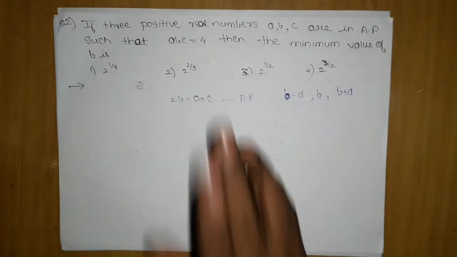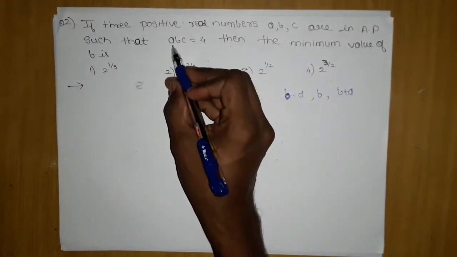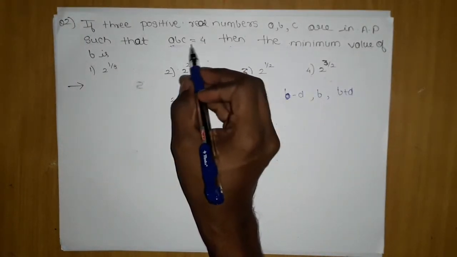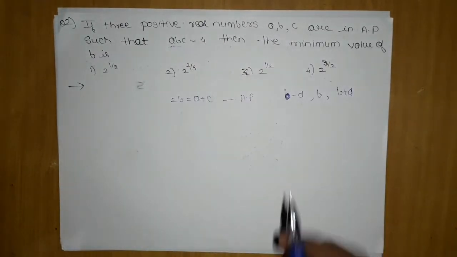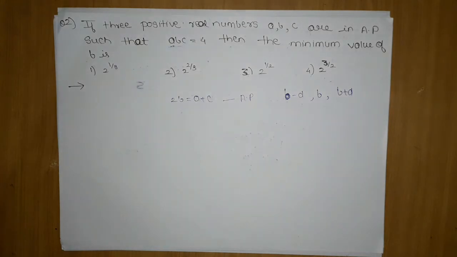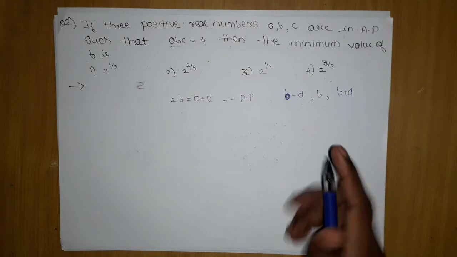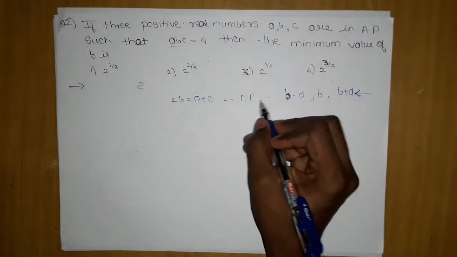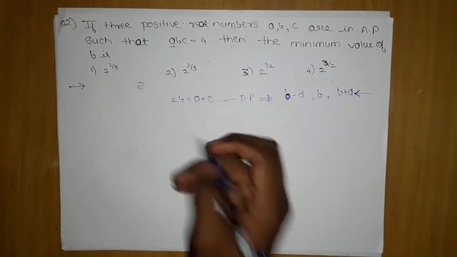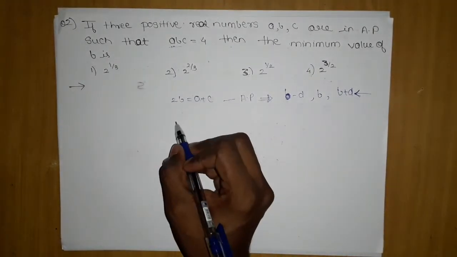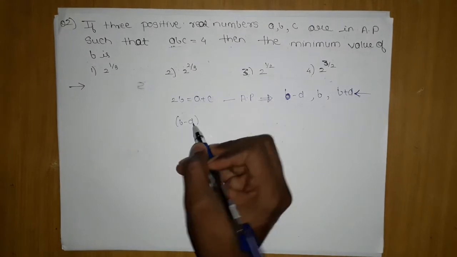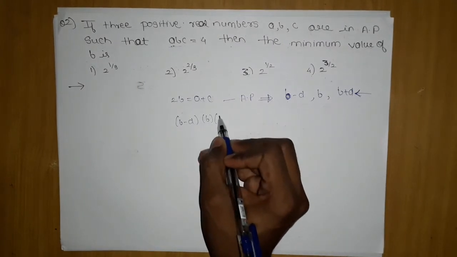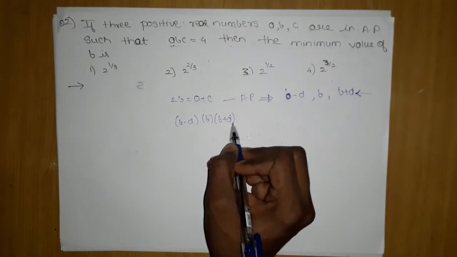Because whenever such a problem appears where they give you the multiplication of numbers and ask for the minimum, remember they will always ask you a minimum value, never an exact value. In such problems when they give you a product, you have to consider terms like this. So a will be b minus d, this will be b, and this will be b plus d, and this equals 4.